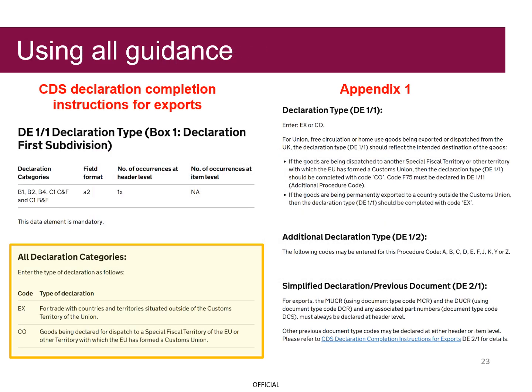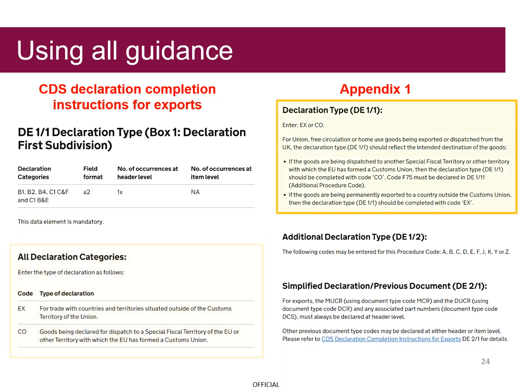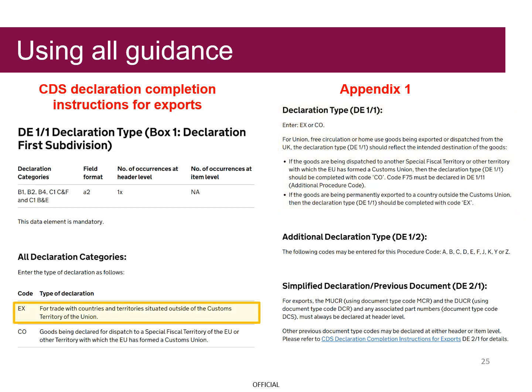The CDS Declaration Completion Instructions for Exports show that the possible values that can be input into the declaration are EX and CO. According to Appendix 1, the codes that can be used with Procedure Code 1040 are also EX and CO. Using this information, Grayson can decide the correct declaration type to enter into data element 1.1 for declaration category B1.